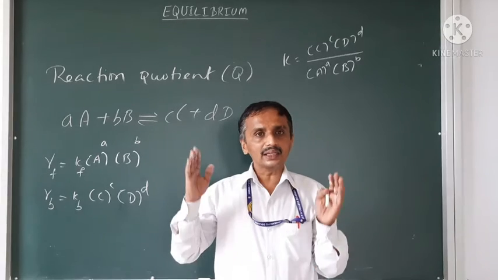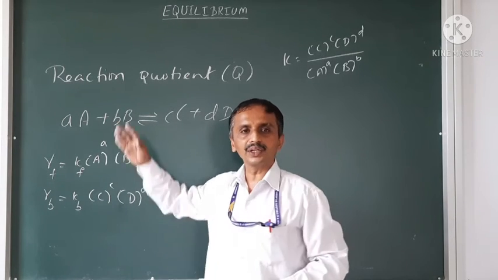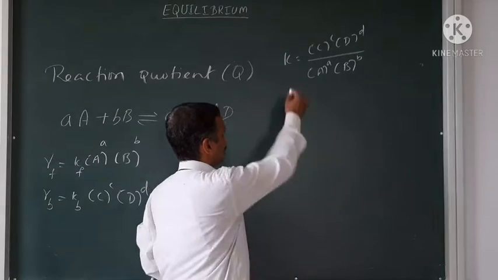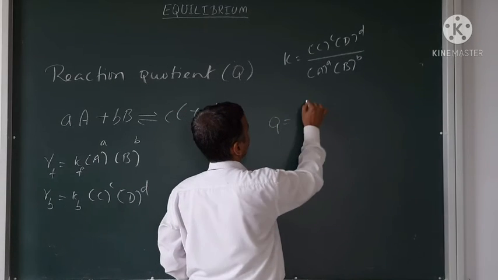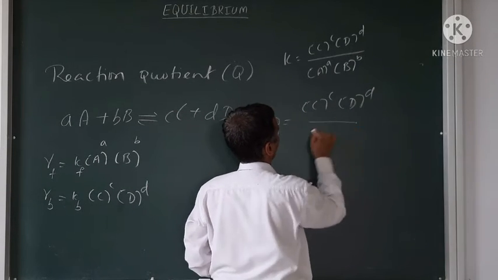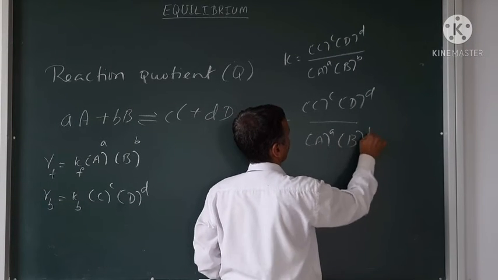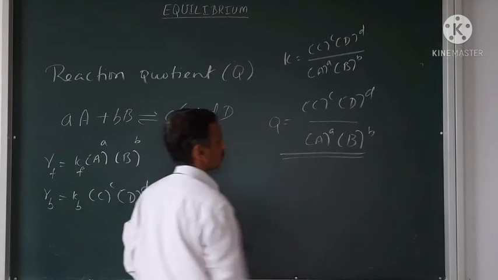Whereas at any time of the reaction, if I write this equation, [C] to the power c into [D] to the power d divided by [A] to the power a into [B] to the power b, this is called the reaction quotient.